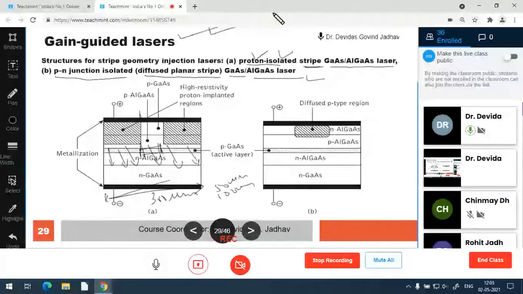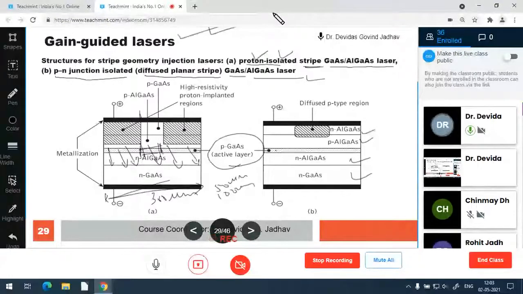Both lasers are GaAs and AlGaAs because both have the active layer of P GaAs in this figure as well as this one. Both will have N AlGaAs, then P GaAs, then N AlGaAs, in the sequence.